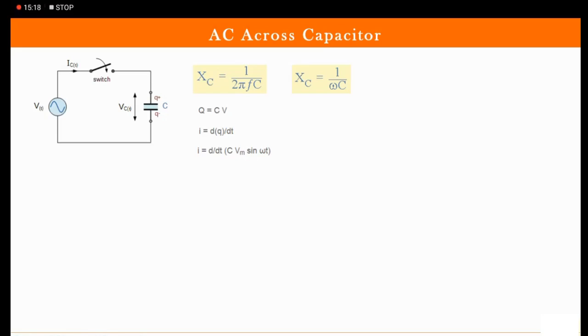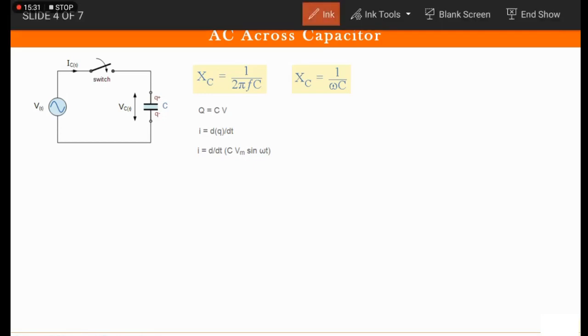So d by dt, and what is q? Q is cv, so c into v, and v is vm sin omega t. Fine. For your better understanding, I'll write here: I comes out to be d by dt q, so that comes out to be cv.